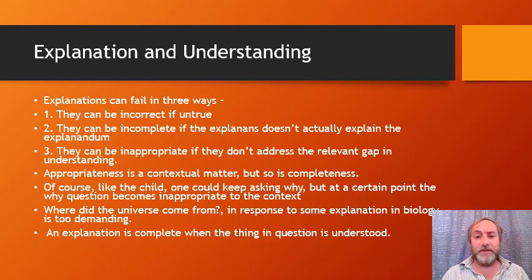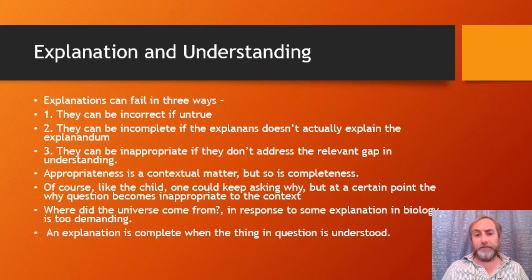So here are the ways that explanations can fail to be good. First of all, they can be incorrect. They might just be untrue. If I explain my car accident by talking about gremlins, that's just an incorrect explanation. Or explanations in the past that explained the kettle boiling because the caloric substance moved from the burner through the kettle into the water.